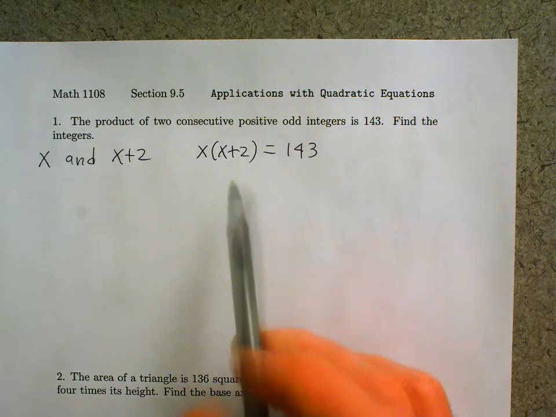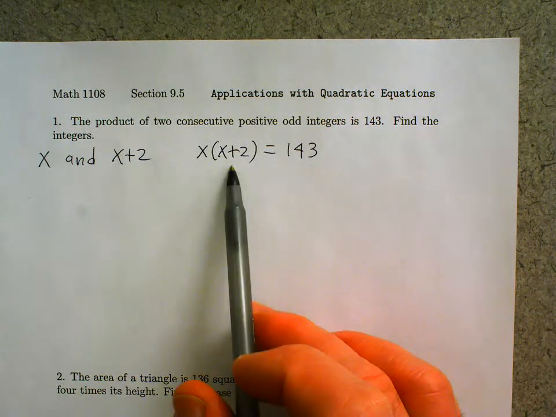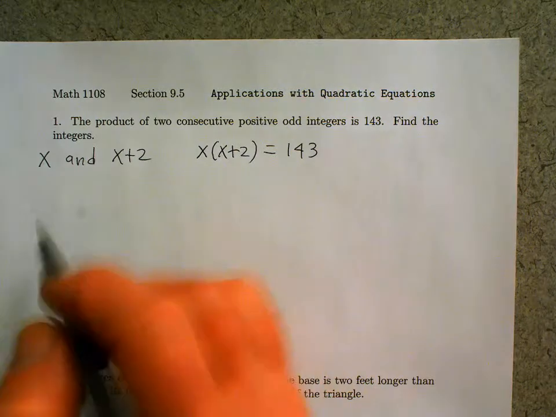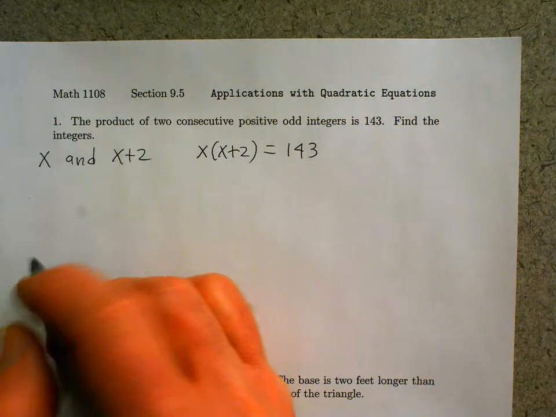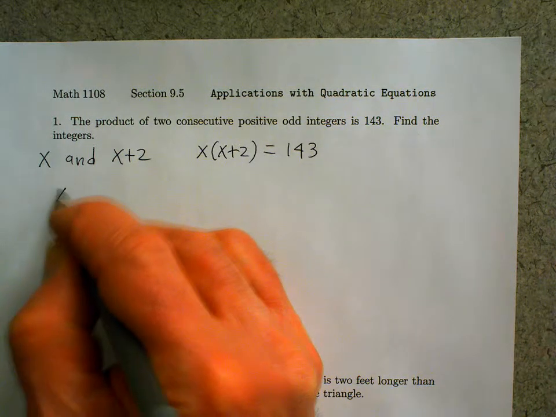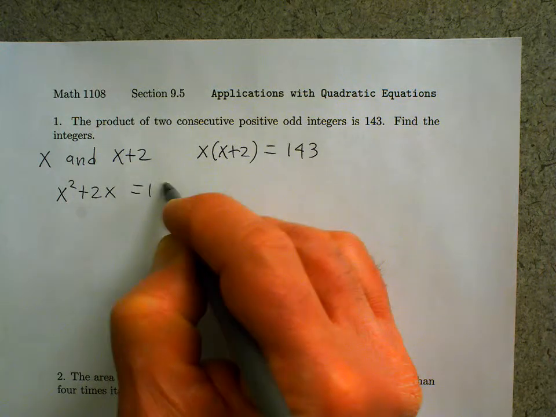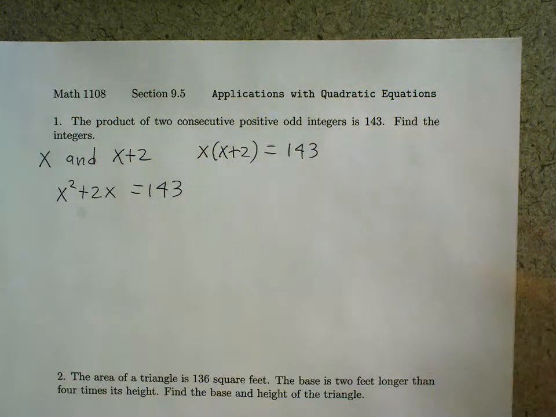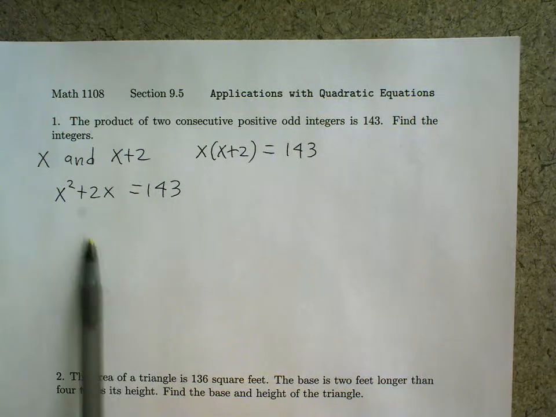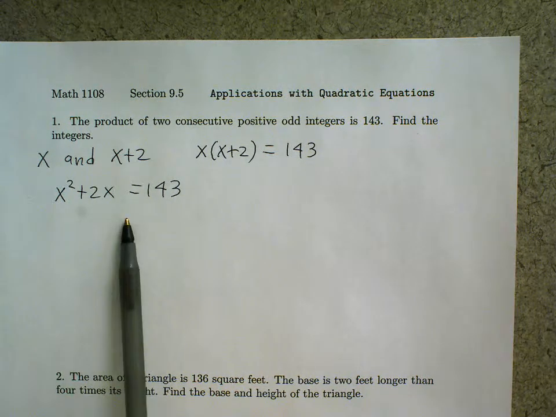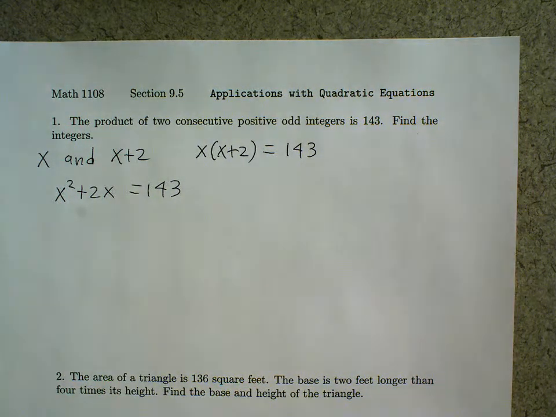The resulting equation is a quadratic equation. When we multiply x times x plus 2, we get x squared plus 2x equals 143. And then we can solve this quadratic equation using any method that we want.